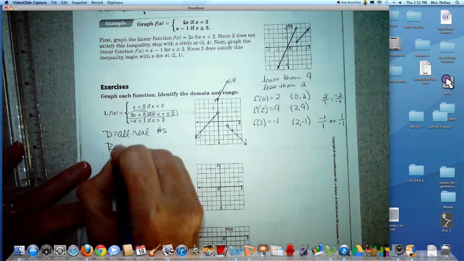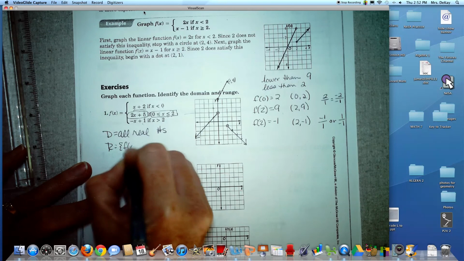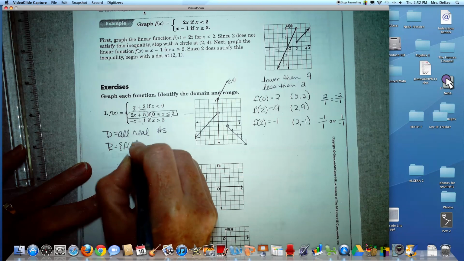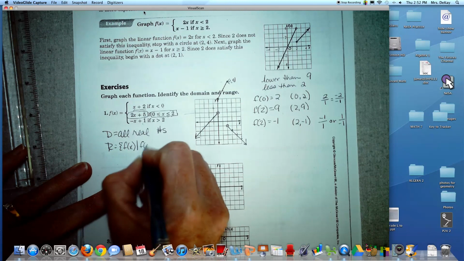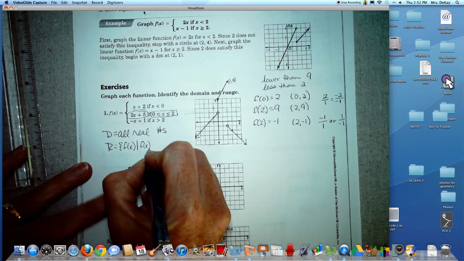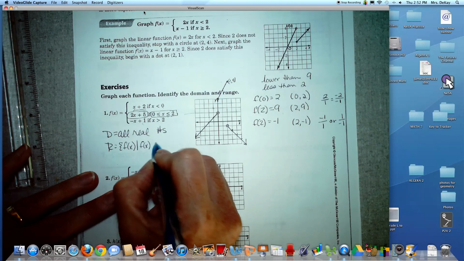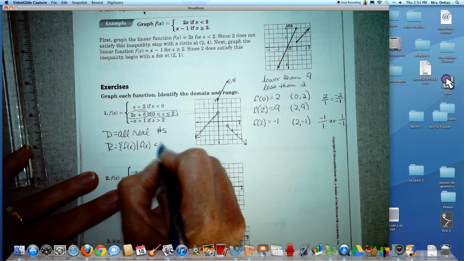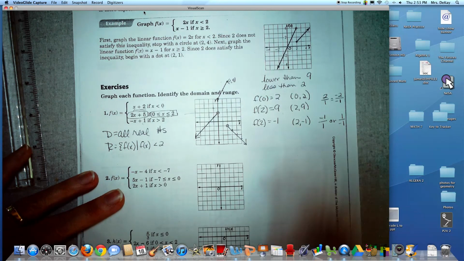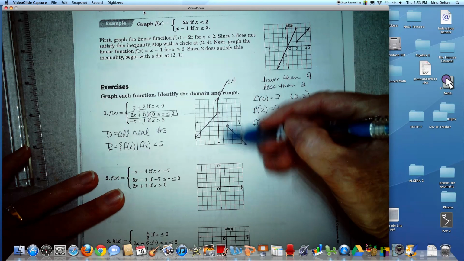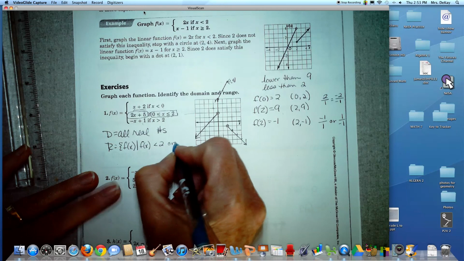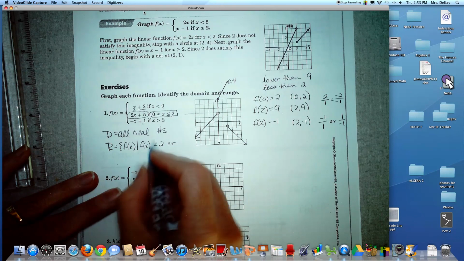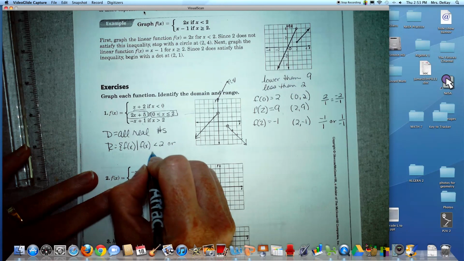I'm going to write the set of all f of x such that f of x is less than 2, because I'm okay as long as it's less than 2. Or, okay, now this one's weird, so don't start it out yet.